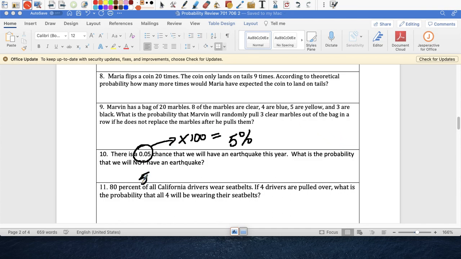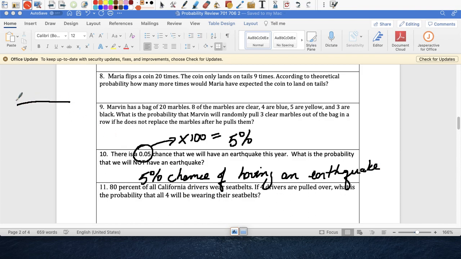So 5% chance of having an earthquake. So that means, remember, probability, we measure it from 0 to 100, right?